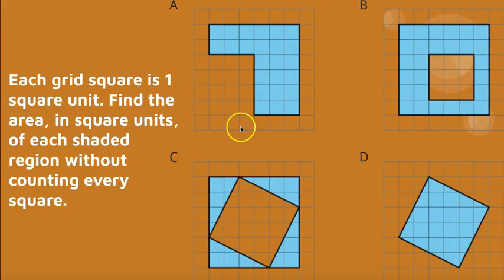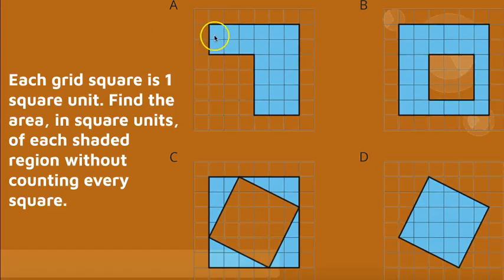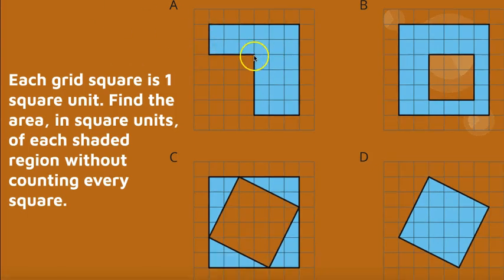Let's take a look at these four. If I look up at A, we can see a couple of different things. If I cut this shape off here, I can see that I have a space up here.